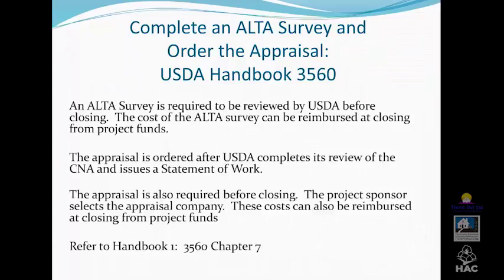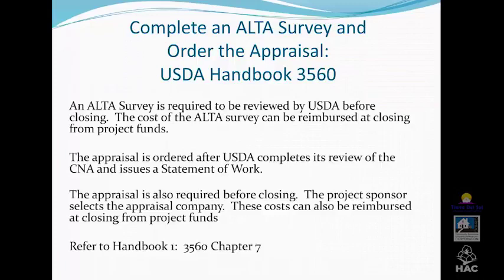But bidding and selection of the contractor normally takes 30 to 45 days, and this can be undertaken prior to the USDA closing. The contractor just has to realize that if they're selected, we're not going to start, and usually there's a caveat written into the bid packet that says this is based on the financing and the closing of all the loans.